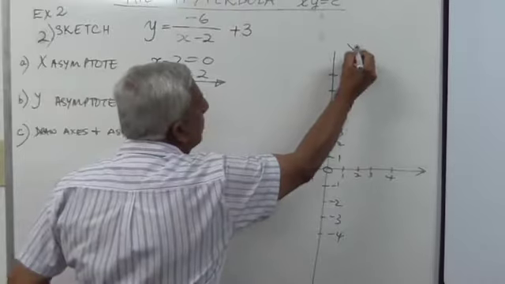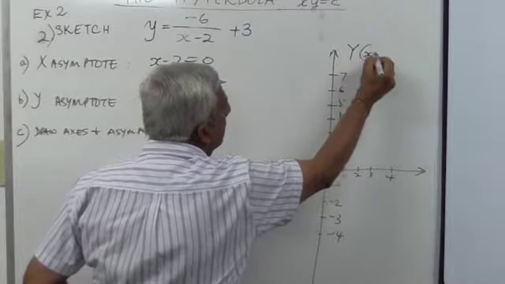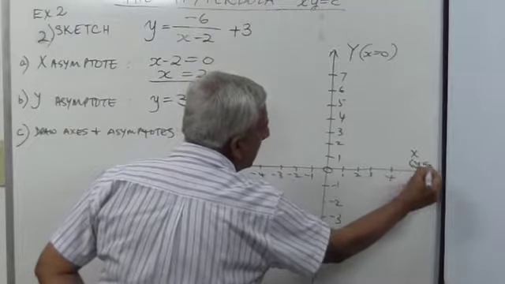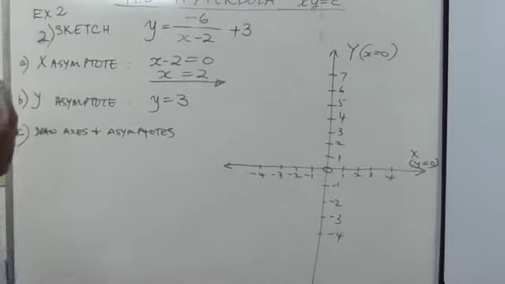Alright, and that's your y-axis or x equal to 0. This is your x-axis or y equal to 0. Right, draw the asymptotes in.